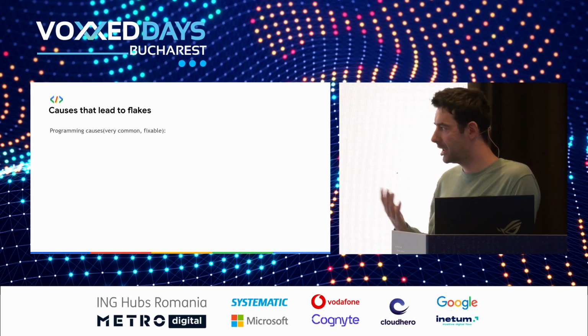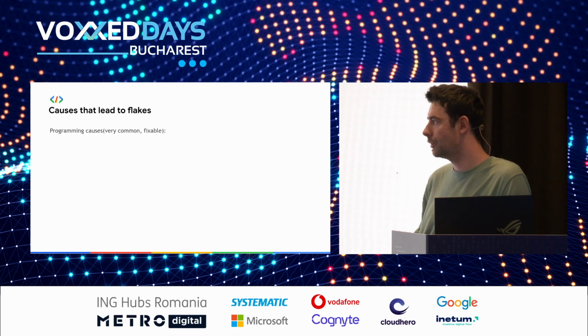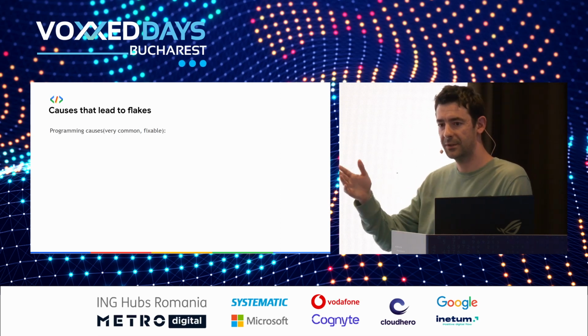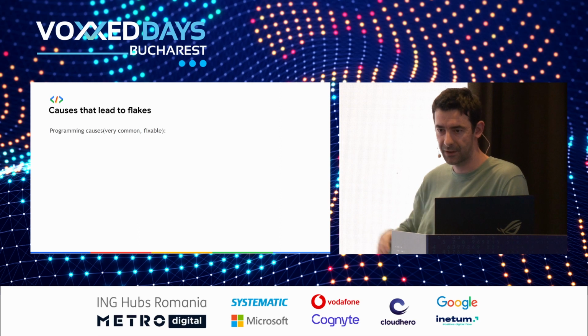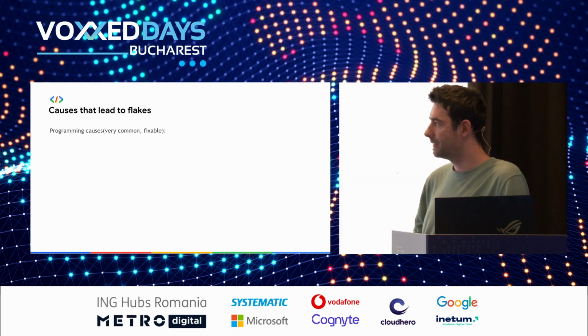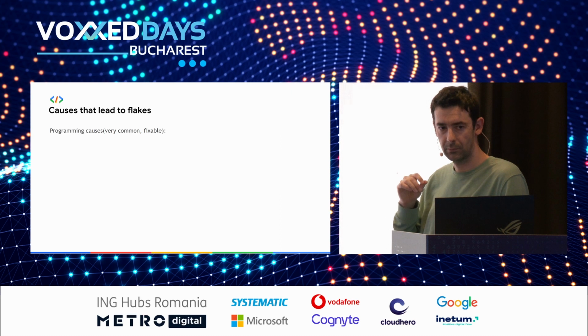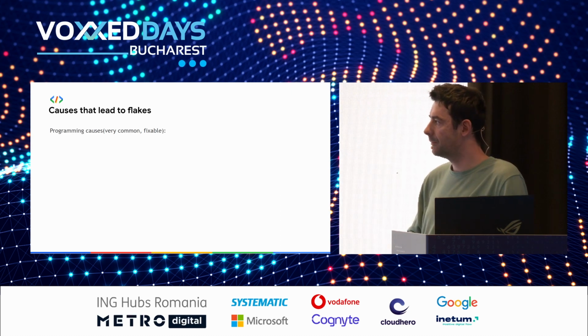This is kind of counterintuitive, because you would assume that if a test fails and passes, it's because of some networking stuff. That's sort of like the first intuition that you go through. But that's actually not the case. I mean, yes, infrastructure could be flaky as well, but in general, the reasons are programming related.